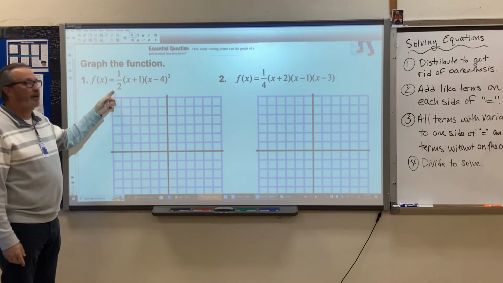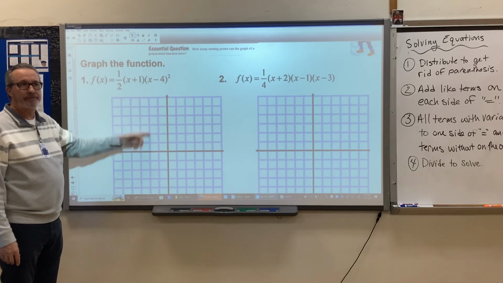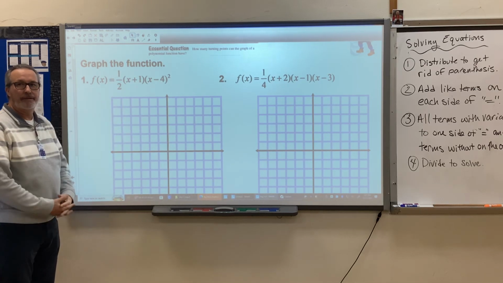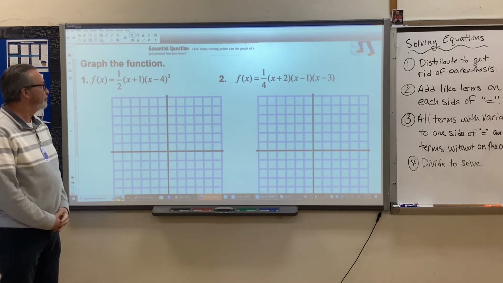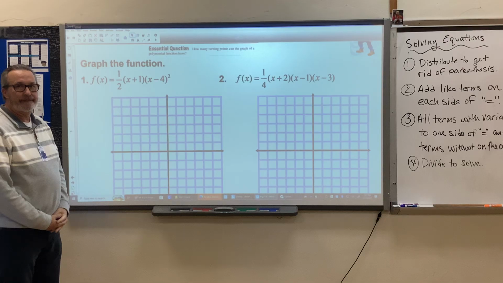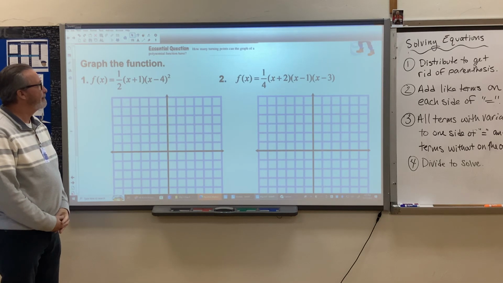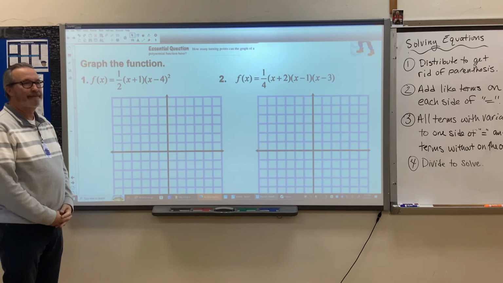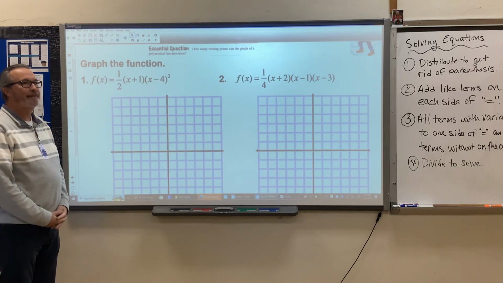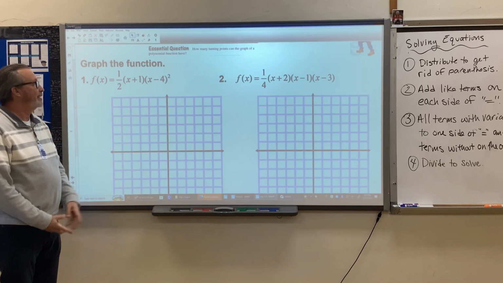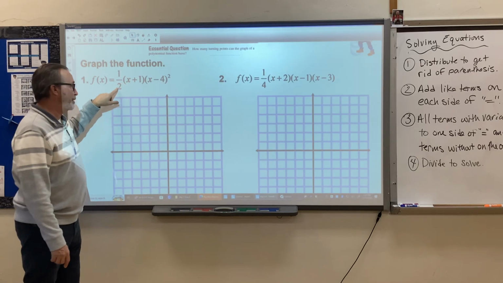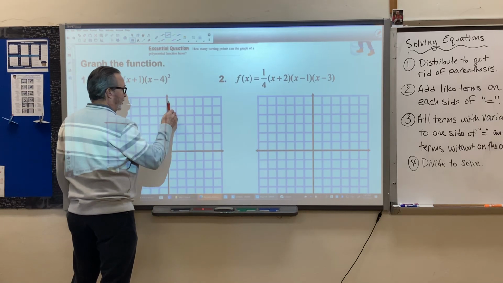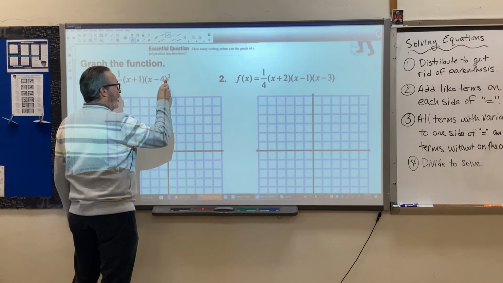So where does this cross the y-axis? At 8. Now this last number squared, 16 times 1 times 1/2 is 8.